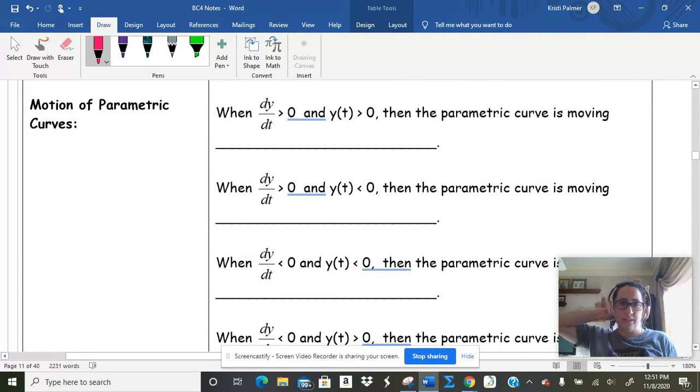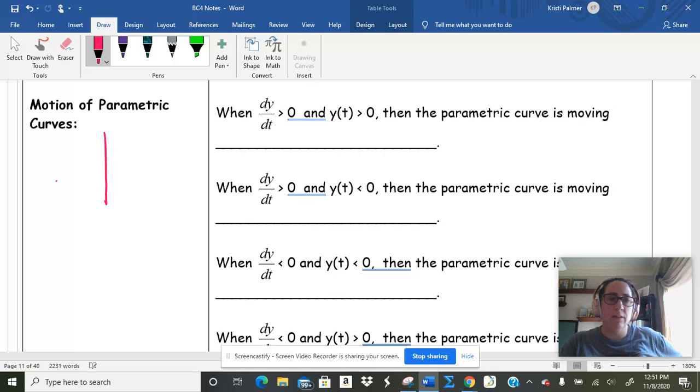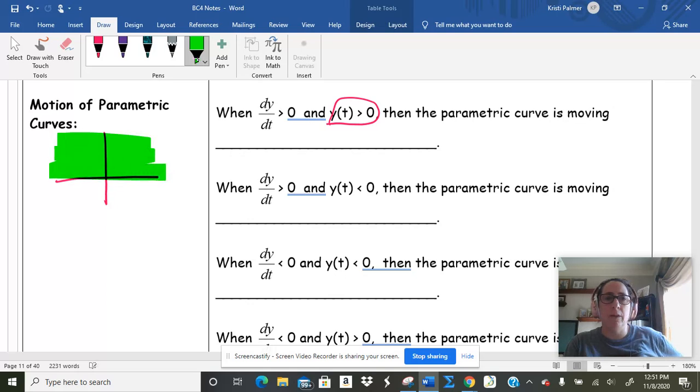All right, so this is one of my favorite pieces to talk about the motion, because it's kind of the most applicable. Not that slope and tangent lines aren't pretty cool in themselves, but here, we're going to think this through. If I have where y is greater than 0, so y greater than 0 is everything up here. So I have something up here.